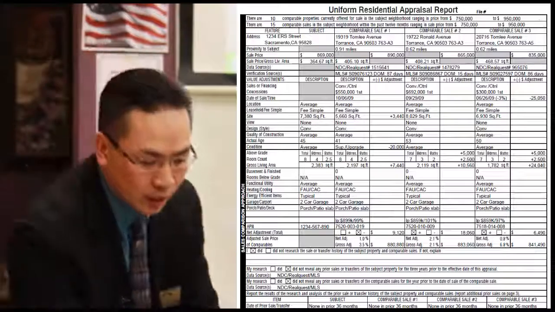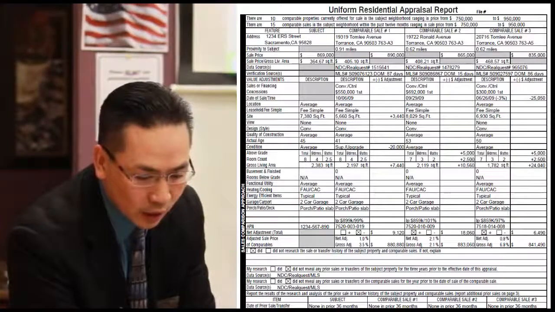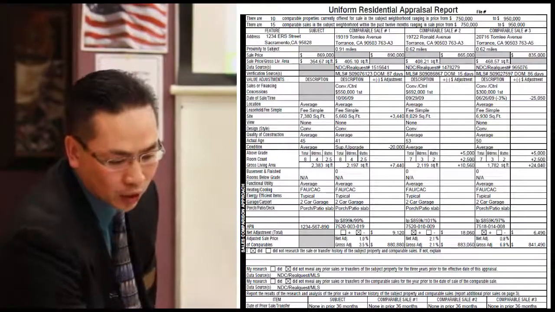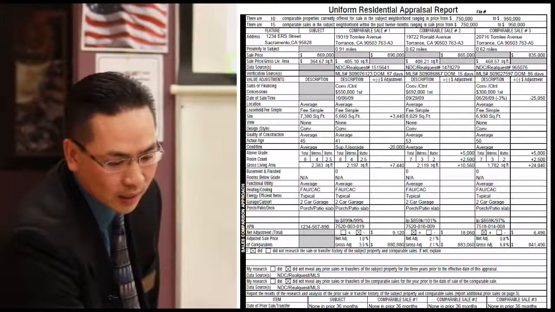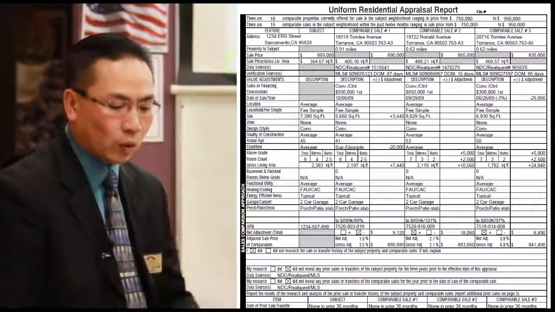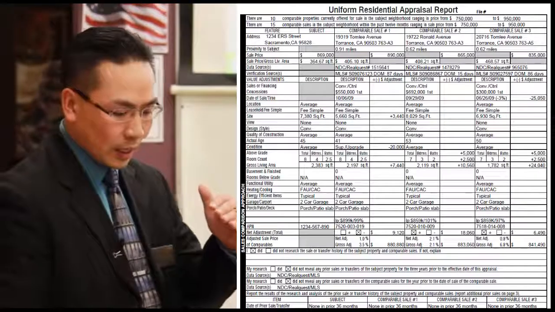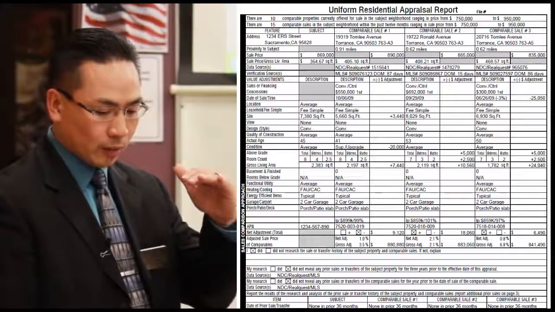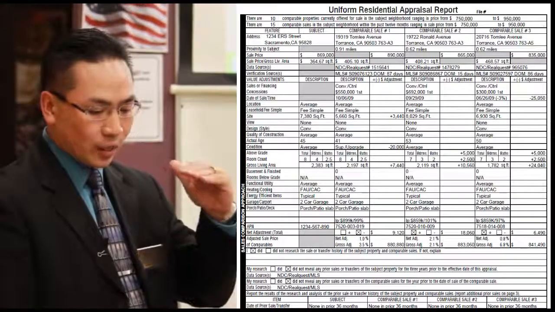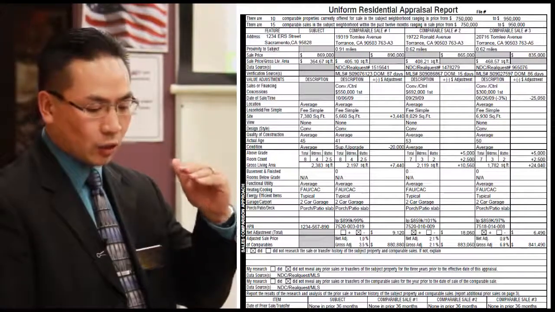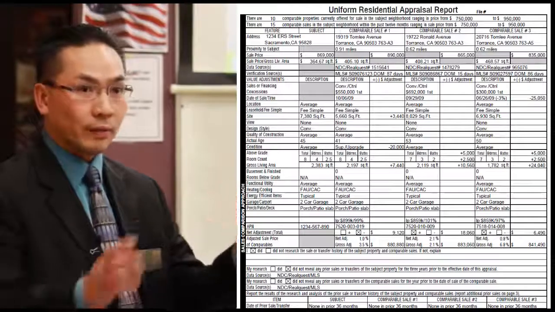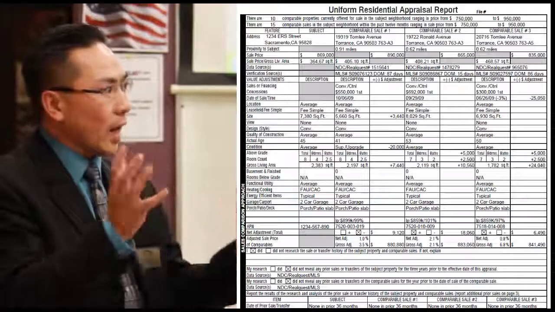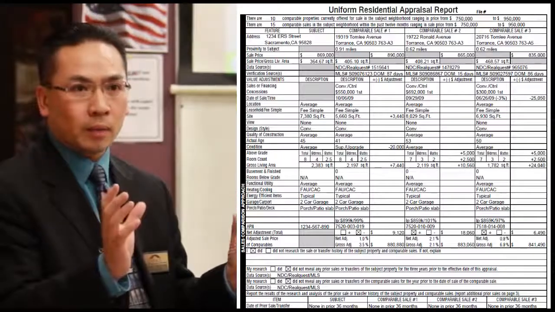The key is, you do not want to exceed a certain net amount. So you see this net adjustment and gross adjustment. The rule of thumb is that the net shouldn't be more than 5% and the gross shouldn't be more than 10%. If it's outside of those two numbers, it's not like a similar property.